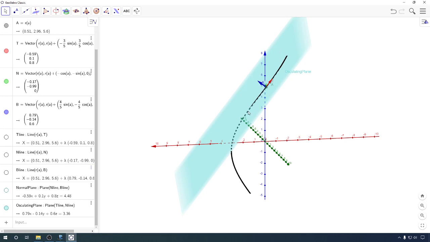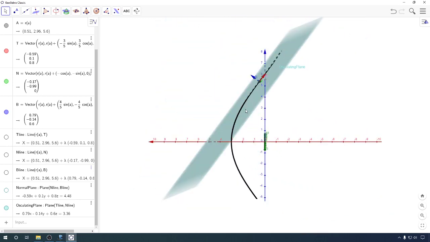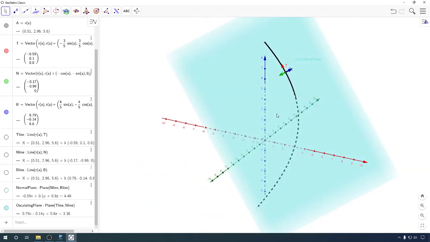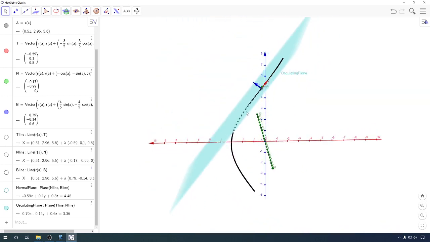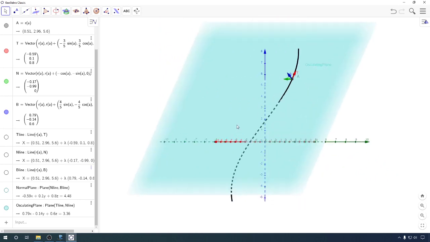And that's what the vector B actually shows us, where the curve is going to end up with regards to our osculating plane. And that's what I mean by it twisting. It's twisting up out of this osculating plane.